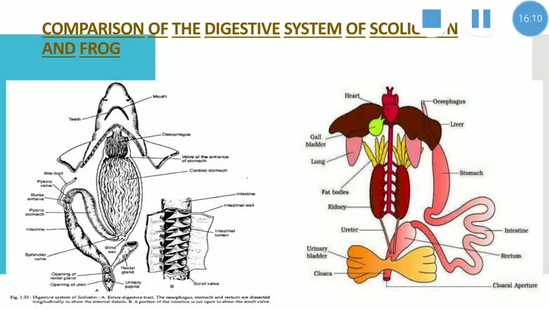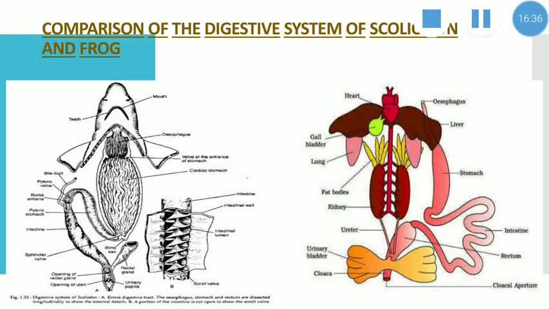In Scoliodon, teeth are in more than one row in both jaws. In the case of the frog, teeth occur in a single row in the upper jaw only. And there are vomerine teeth in the case of the frog. The vomerine teeth are absent in Scoliodon.